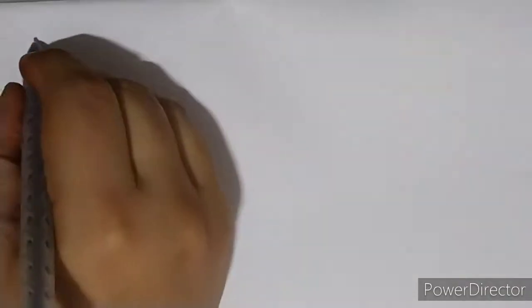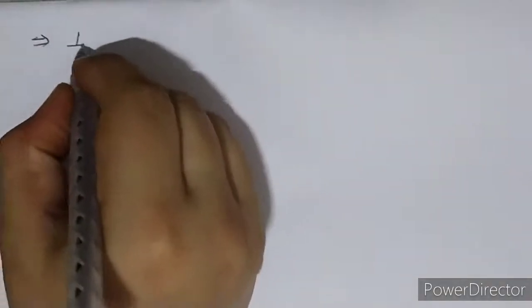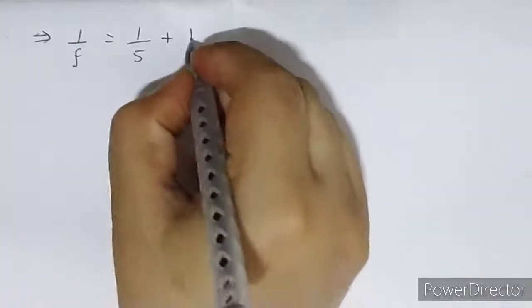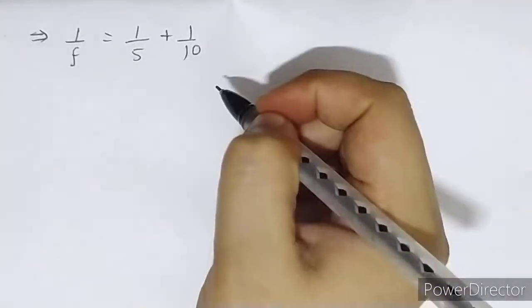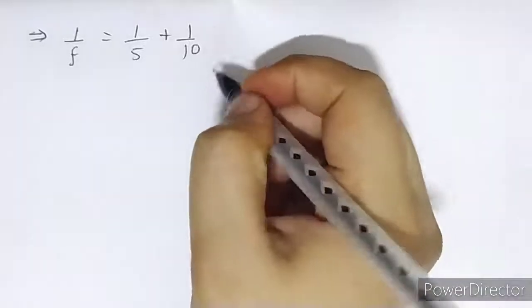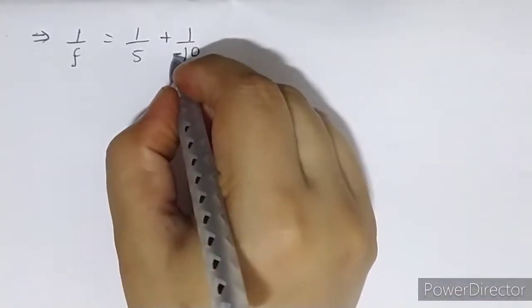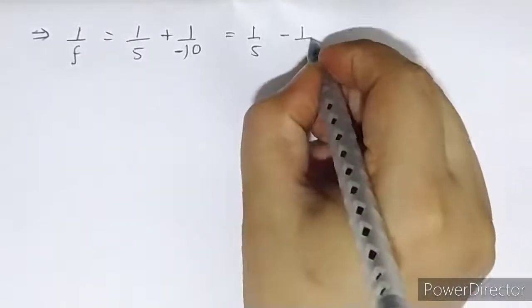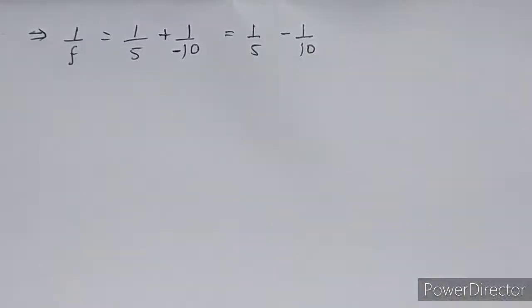So when you add up by putting both the values of the focal length, your formula will become 1 upon f is equal to 1 upon 5 plus 1 upon 10. Okay, and since 10 is in the minus form, it will be 1 upon 5 minus 1 upon 10.